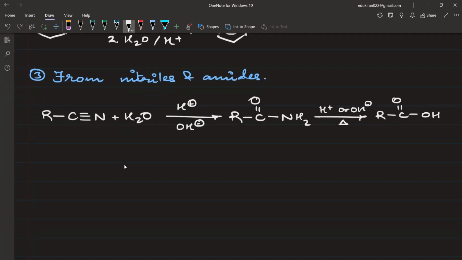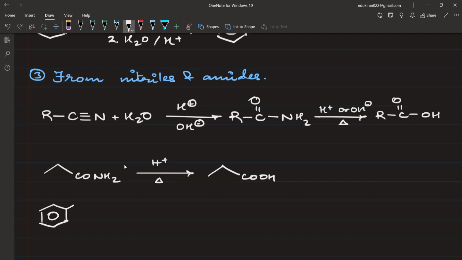So here you have CONH2, H plus and heat, you will get 1, 2, 3 carbon atoms, and this will be COOH. Similarly, if you have CONH2, H plus and heat, the benzene ring will be as it is. It will be converted to COOH.